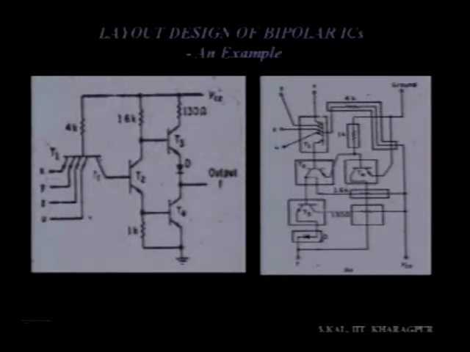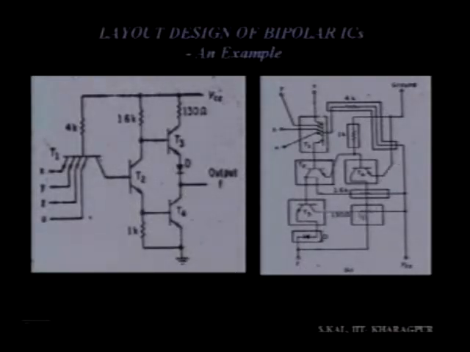You see this transistor is used here, and one resistance, the 4K resistance, is fabricated here, the 1K small length is here, similarly T2, T4 are here, T2 here and T4 here, and T3 transistor is this one here, and this diode is here and the output is taken here.